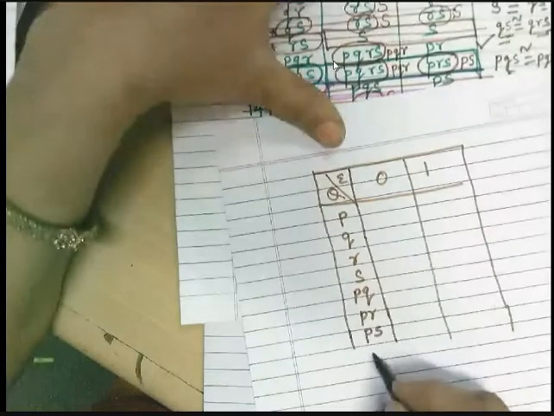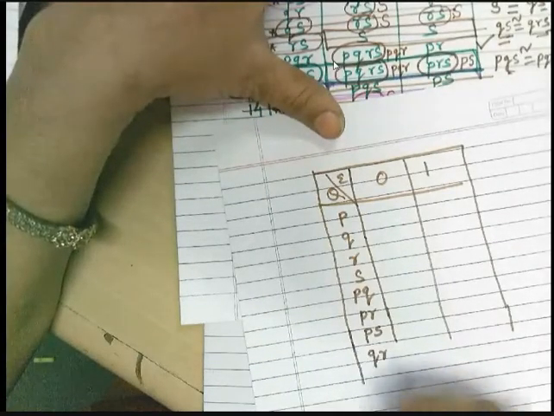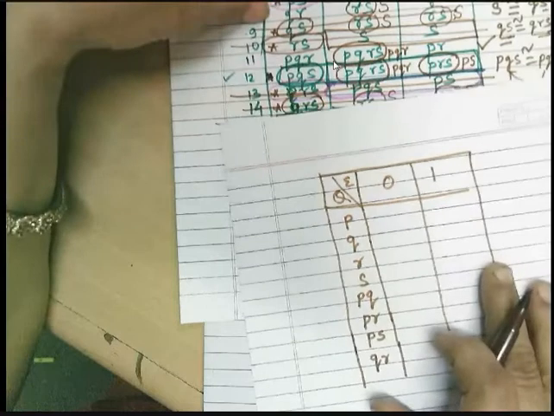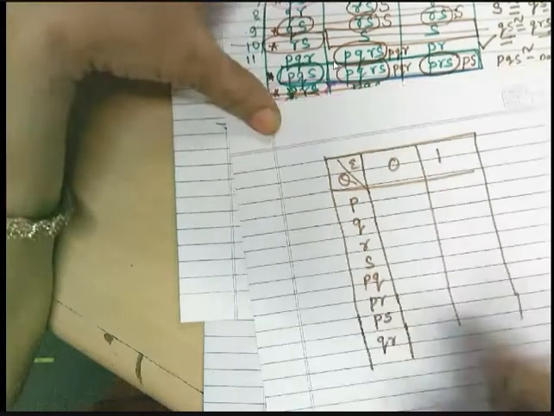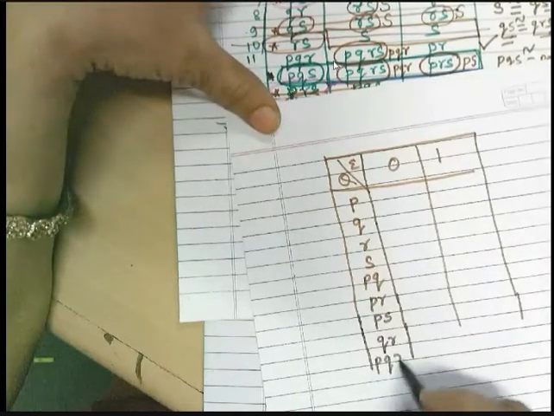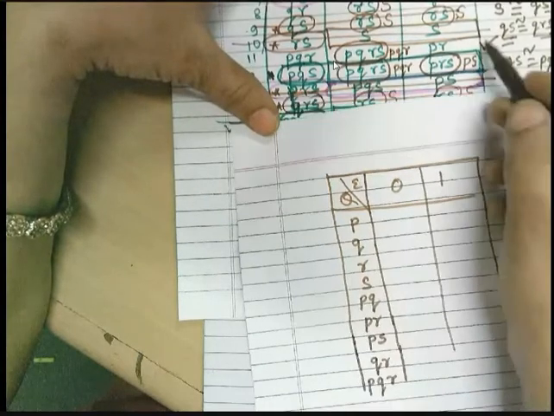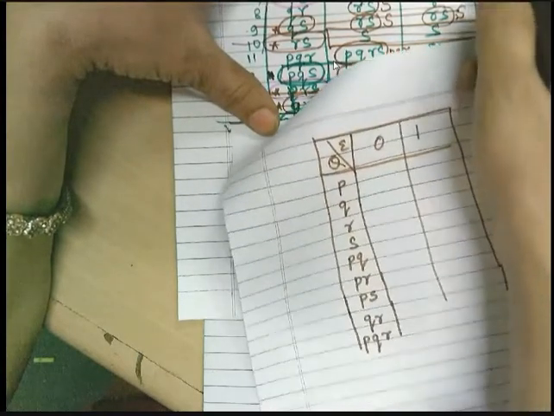Next, QR is there. Next, PQR is there. Okay. 1, 2, 3, 4, 5, 6, 7, 8, 9.